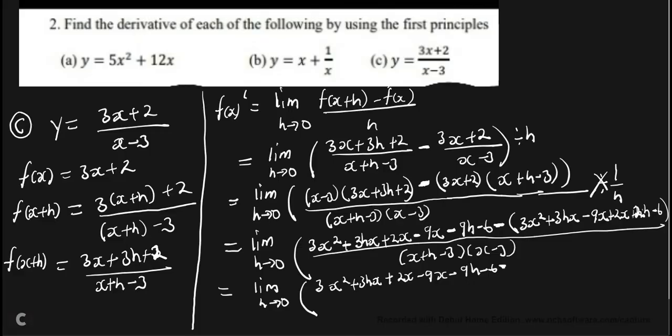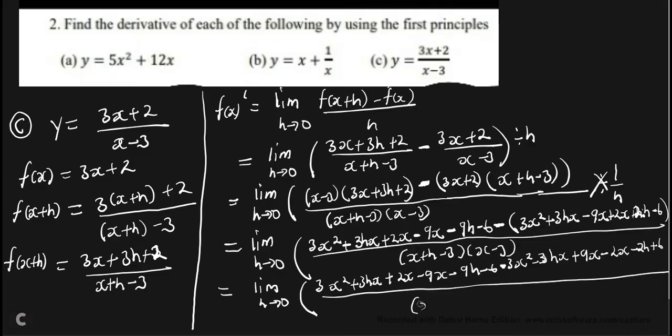Then you have negative 3x squared, negative 3hx, then positive 9x, then negative 2x, then negative 2h, then positive 6, over x plus h minus 3 then x minus 3.